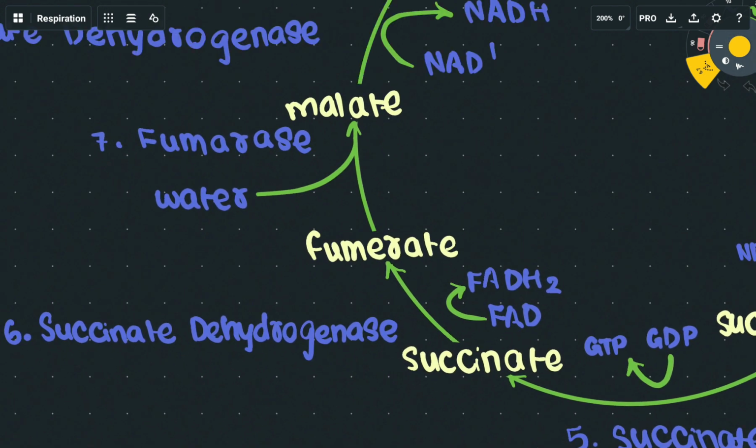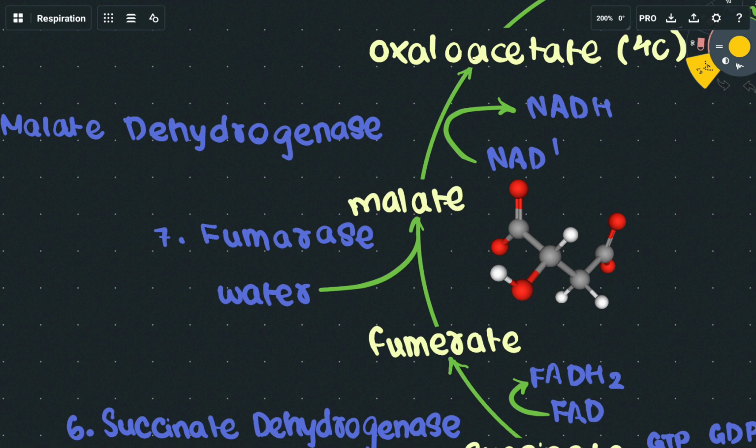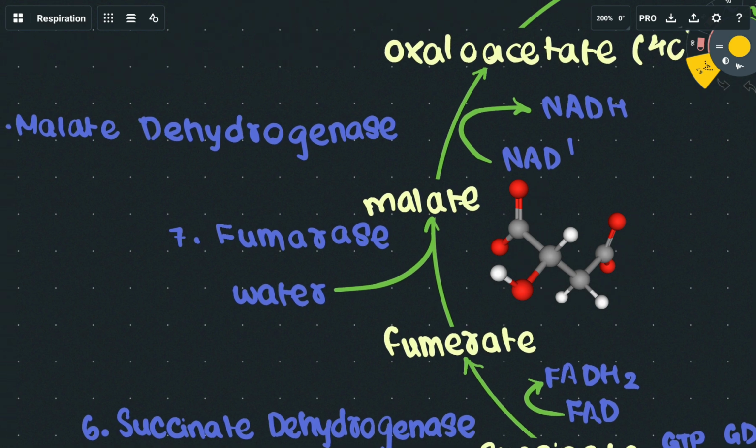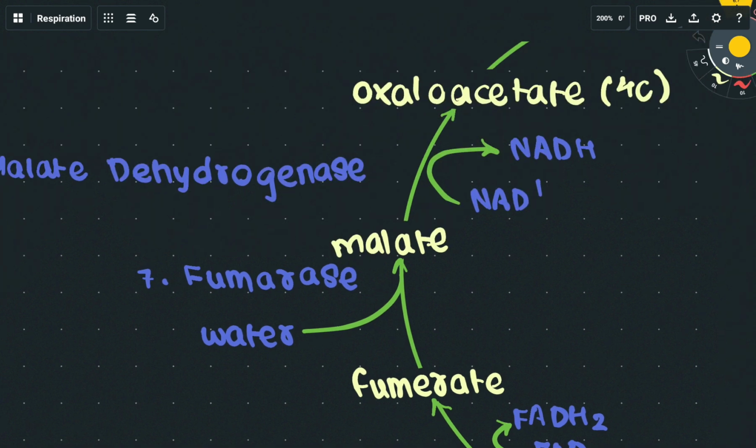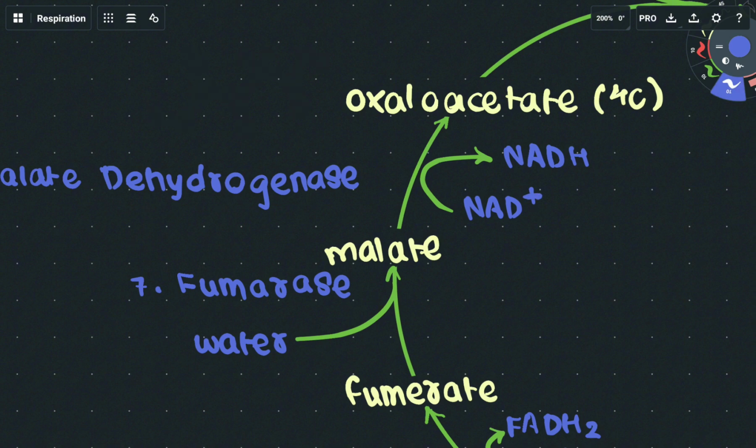So we go from succinate to fumarate, which with the addition of water and under the enzyme fumarase converts to malate, and there is no extra change. And then malate again goes through another change and is finally converted into oxaloacetate. So, in this last process, we have our final NADH molecule being produced.